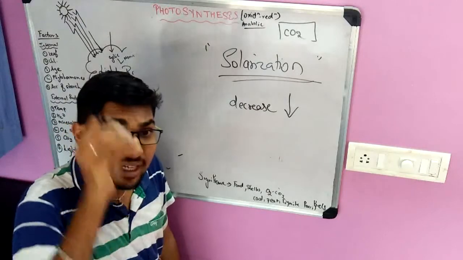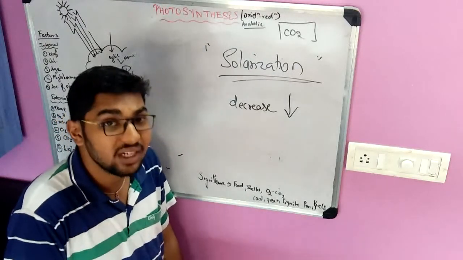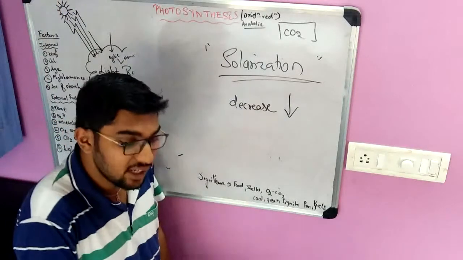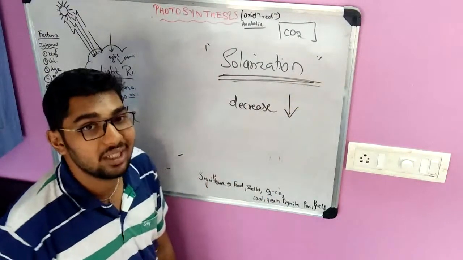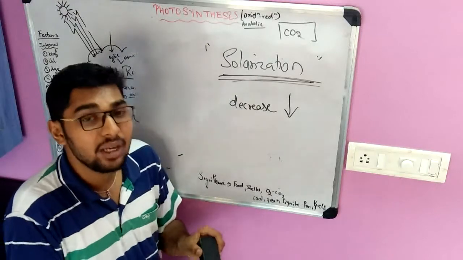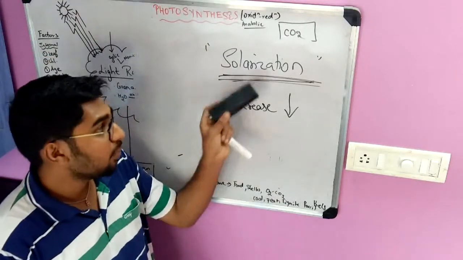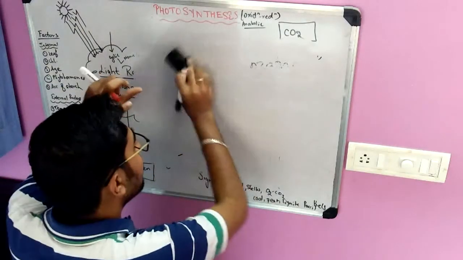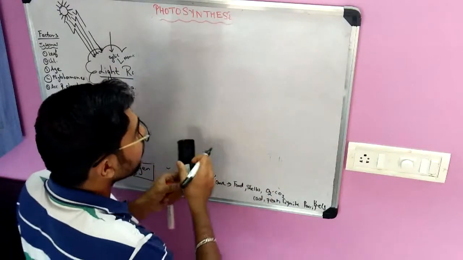That process of decreasing photosynthesis due to photooxidation, which occurs during very high intensity of light and very low amount of water, is called solarization. So solarization means the rate of photosynthesis will be decreased because of high intensity of light and low amount of water. That effect is called solarization. So with this we have completed the external factors.